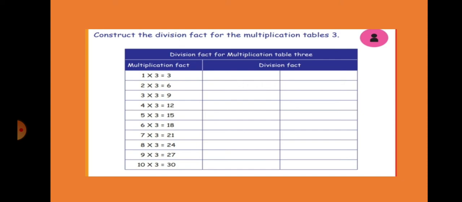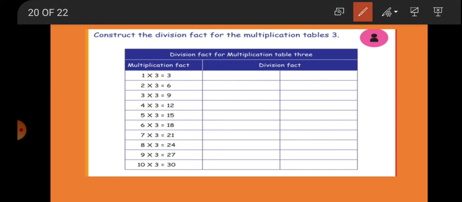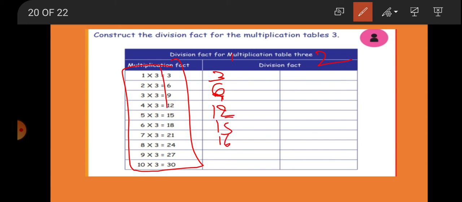Here we have already the multiplication fact. So division fact 1 and division fact 2 you have to write. First the answers will be here: 3, 6, 9, 12, 15, like this you write the answers. This full set of answers you write this side first.